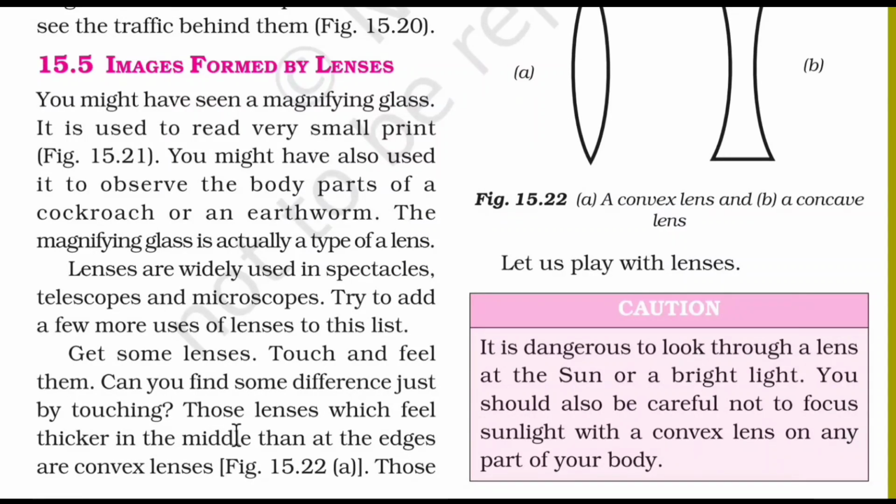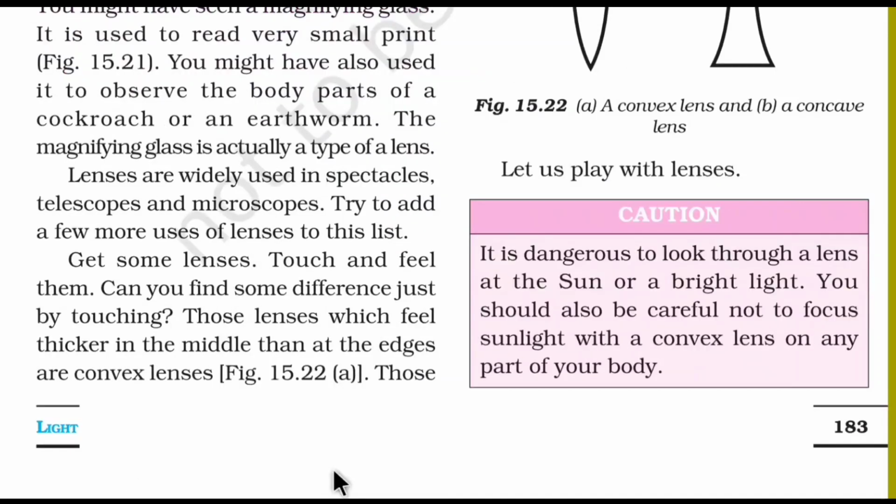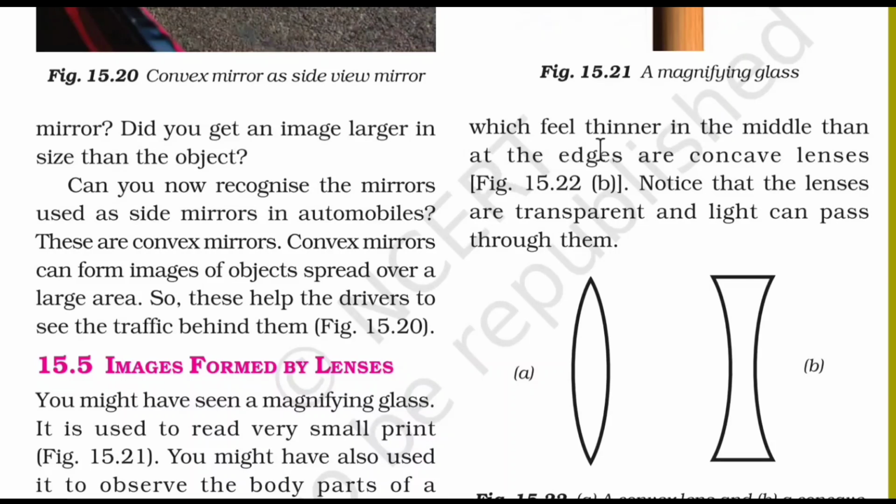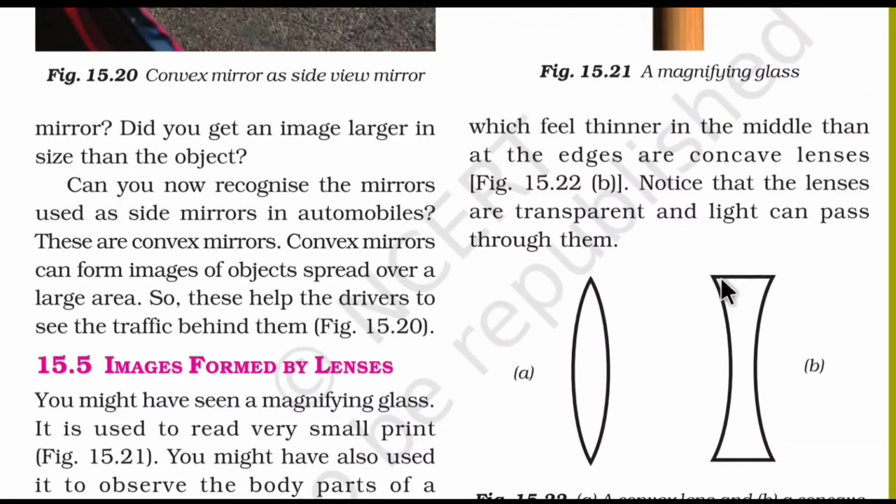Of course, I have told you, those lenses which feel thicker in the middle than at the edges are convex lenses, and those which feel thinner in the middle than at the edges are concave. You can see the figure here: thinner at the middle, this is the middle portion of the concave lens, and the outer edges will be thicker.